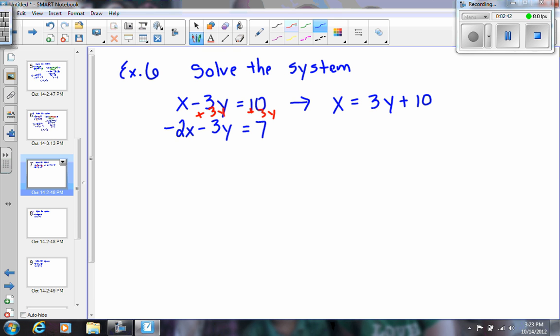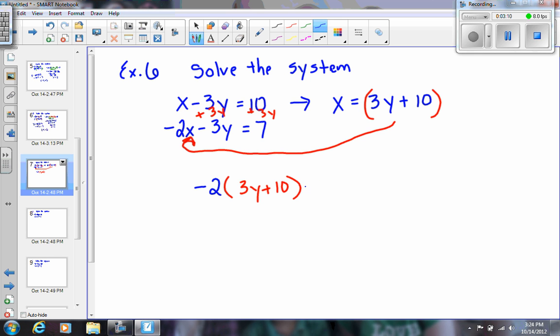But now I can take this expression for x, now this time it's for x and not y, so I'm going to plug it in right here. Not a very good arrow though. So I'm going to take this and plug it in for the x in my other equation because this one was solved for x. So I get negative 2, and in place of the x, I'm going to put 3y plus 10.